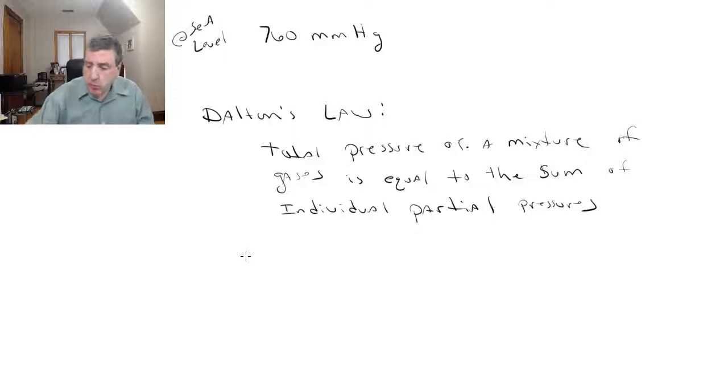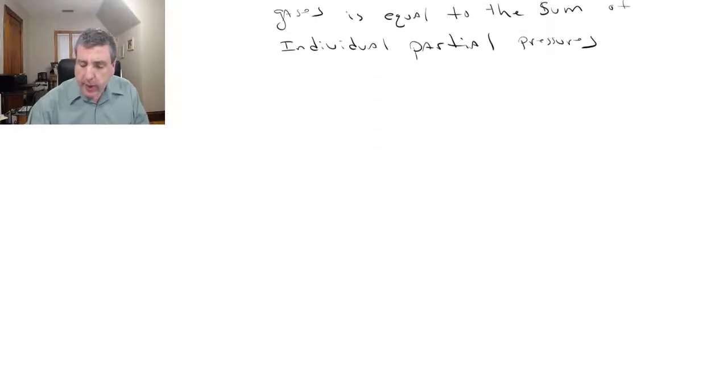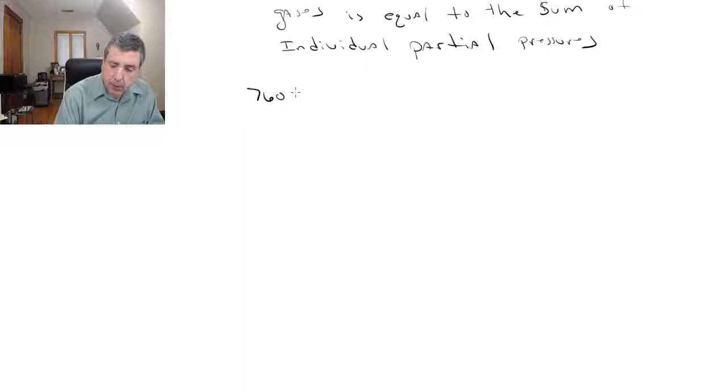So when we're looking at this, let's figure out how to calculate the partial pressure of an individual gas. First we have to know what the total pressure is, and at sea level we know that is 760 millimeters of mercury.